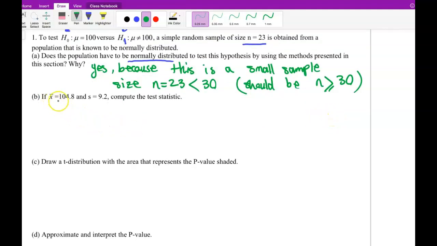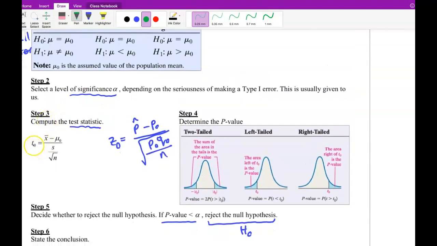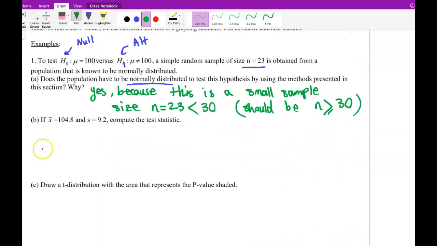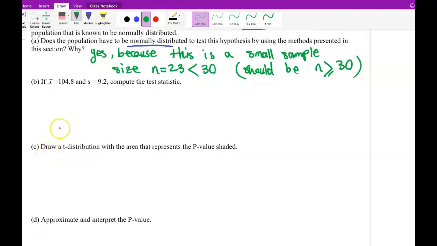Okay, part B: if the sample mean is equal to 104.8 and the sample standard deviation is equal to 9.2, compute the test statistic. Based on what we had in step number 3, finding T0: x bar minus mean divided by sample standard deviation divided by square root of n.